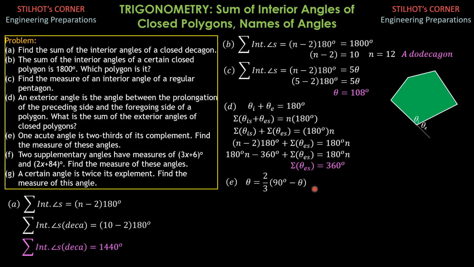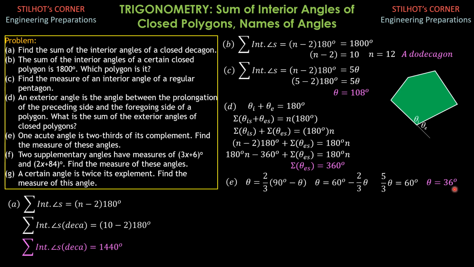Expanding the right side, theta equals 60 degrees minus 2/3 theta. Combining theta and 2/3 theta on the left, that becomes 5/3 theta equals 60 degrees. Solving for theta, it is 60 degrees times 3, 180 degrees over 5, so theta is 36 degrees.